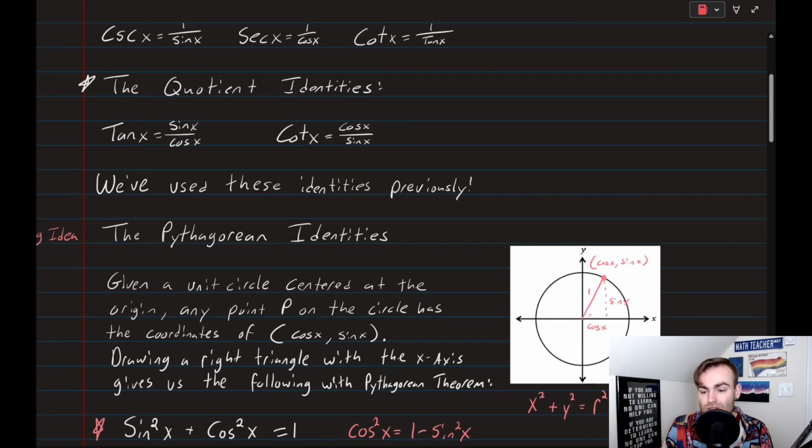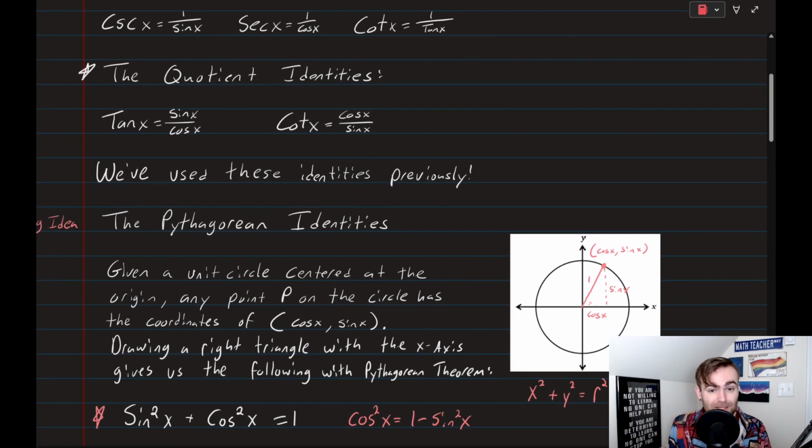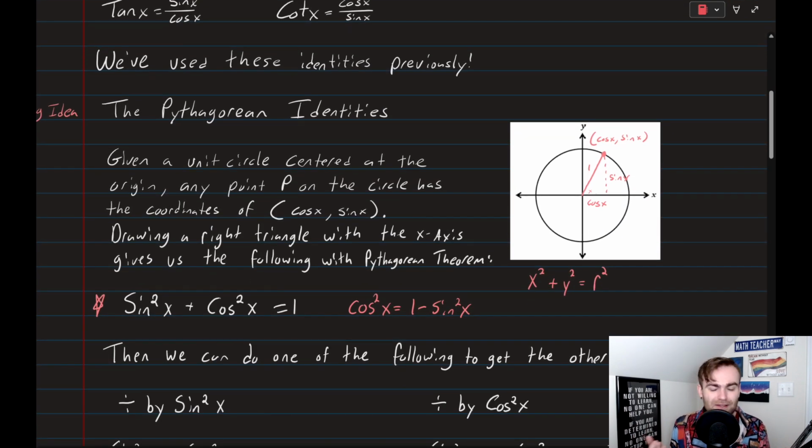In addition, we can also manipulate the identities up here, for example, sine times cosecant of the same angle is equal to 1. These may come up, and you just have to be good at putting puzzles together. It's essentially what this lesson is all about.